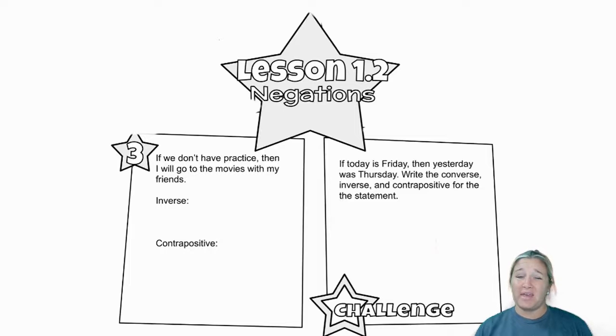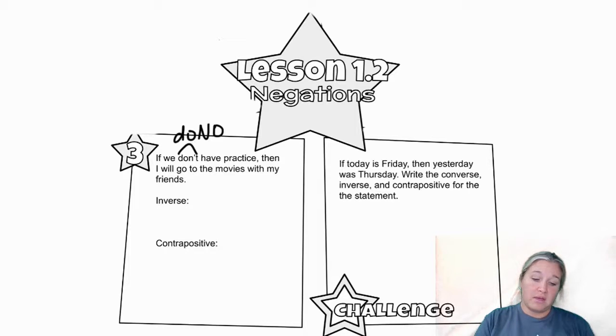I obviously have a negation already in there, so I'm going to rewrite this piece with do not, because sometimes we don't see that not piece in can't or won't. So if we do not have practice, then I will go to the movies with my friends.